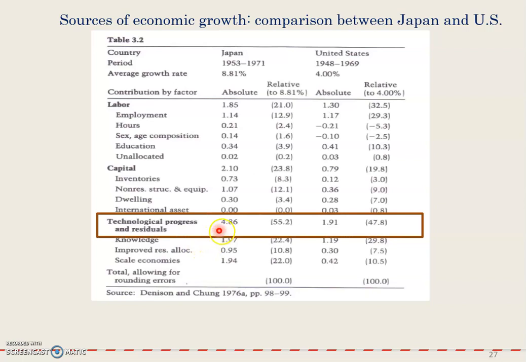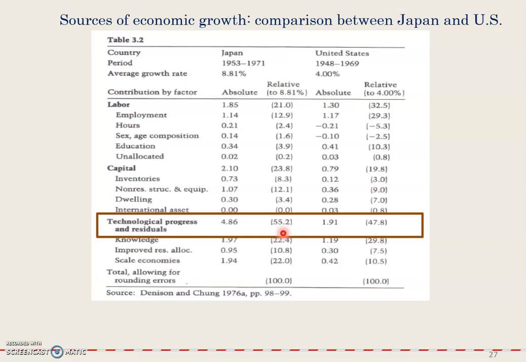Now, first of all, Japan, for its 8.81% annual growth rate, about 4.86 percentage points come from technological innovation. So this accounts for more than 55% of the overall growth.